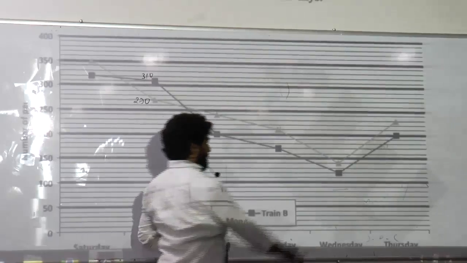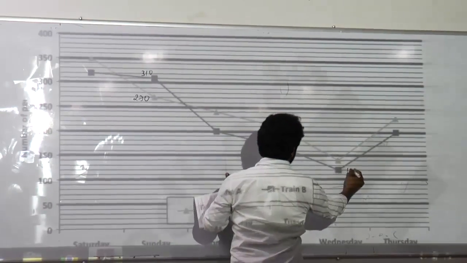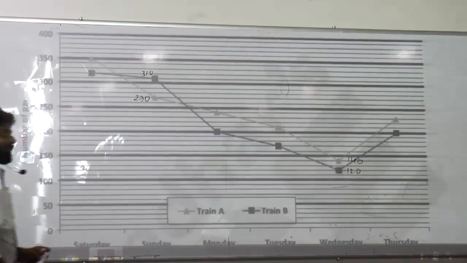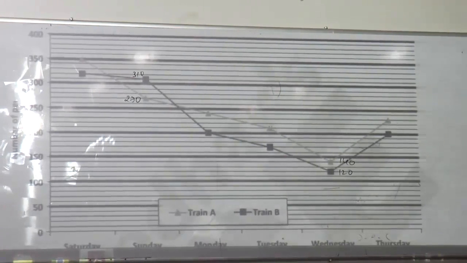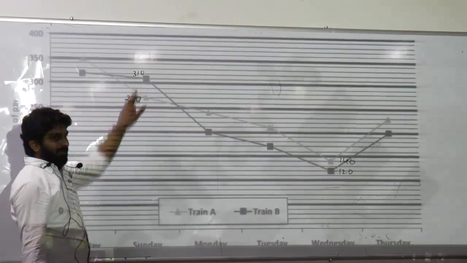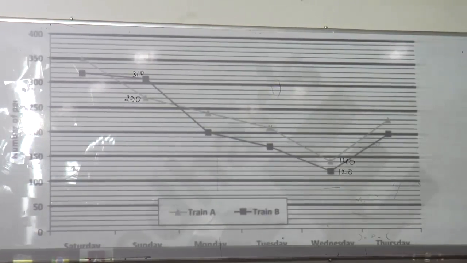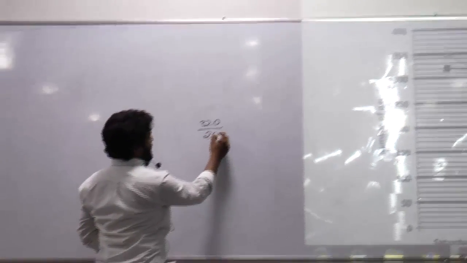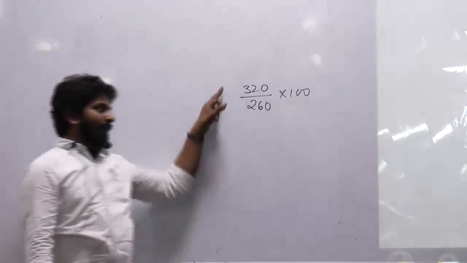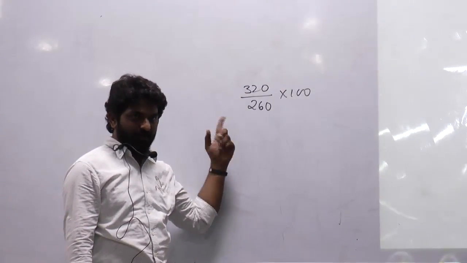Wednesday: this is 120, 140. 120, 140 together is 260. This is 10 more and this is total 320 more. So, that is 320 more than 260, percentage, right? So, into 100. Numerator is more than denominator, so answer is more than 100%.